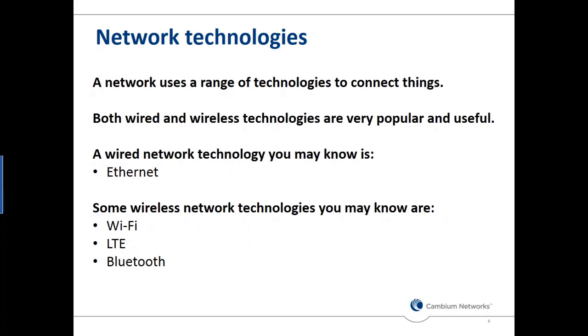LTE stands for long-term evolution, and it's essentially the most recent cellular technology. If you think about more outdoor-focused and much longer range wireless connections, those would be from the likes of AT&T and Verizon, for example.